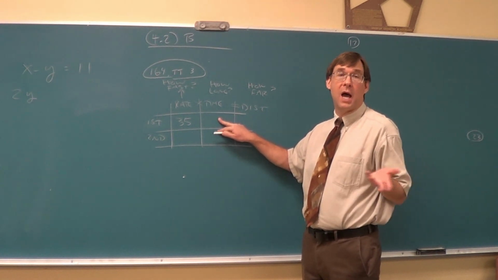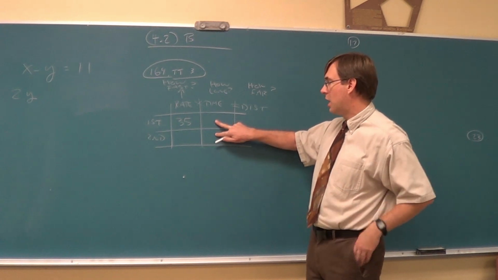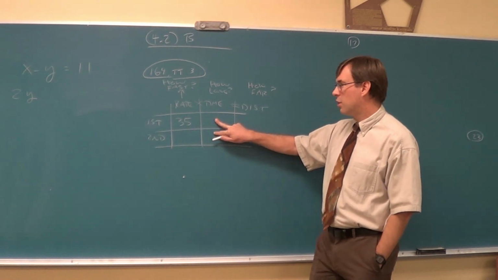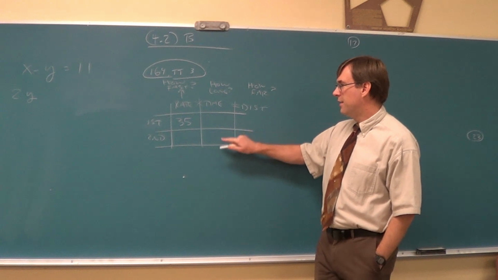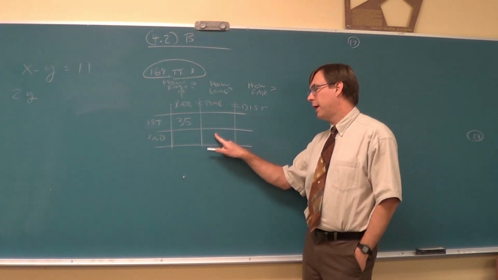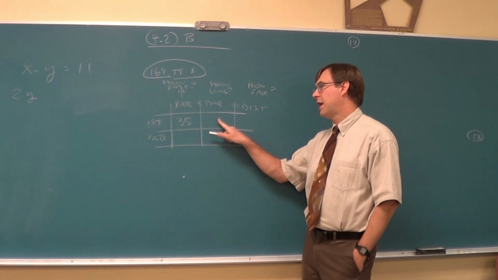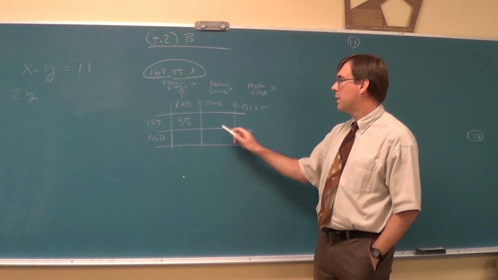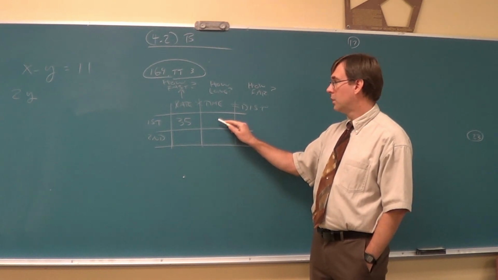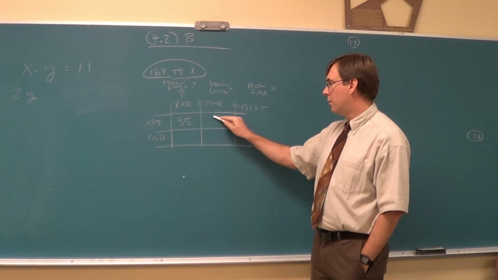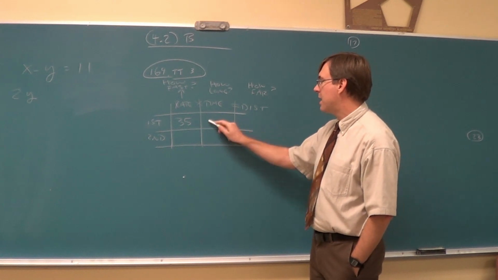I'm going to use T for time. There's two ways you could correctly rig up these boxes. If the second train left an hour later, this train left an hour sooner, what's one way we could rig this up? Let's say I make this one a T.